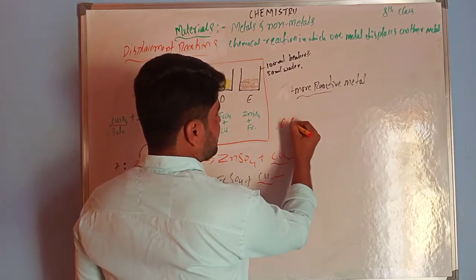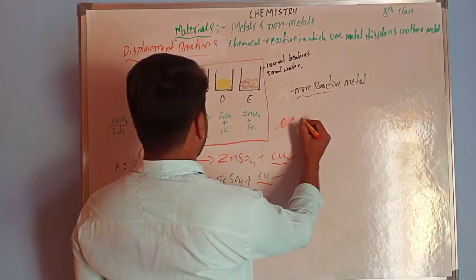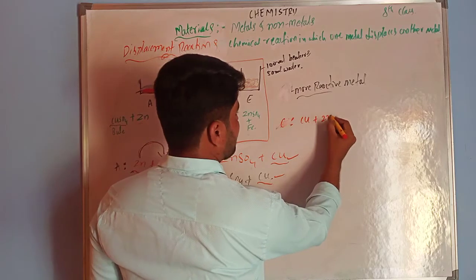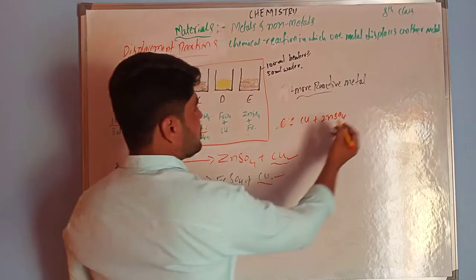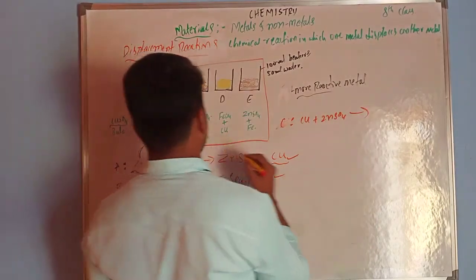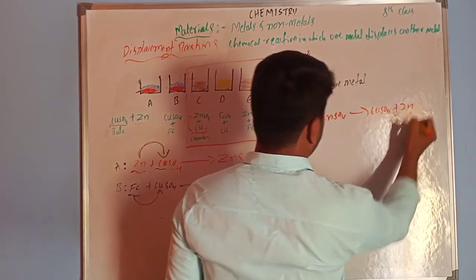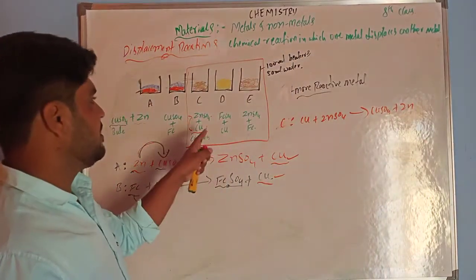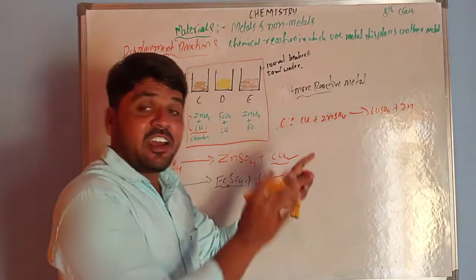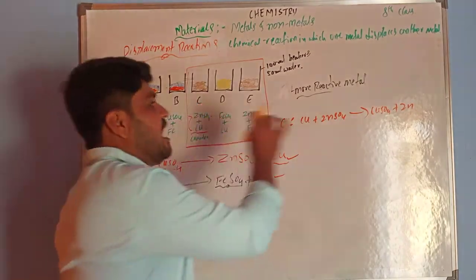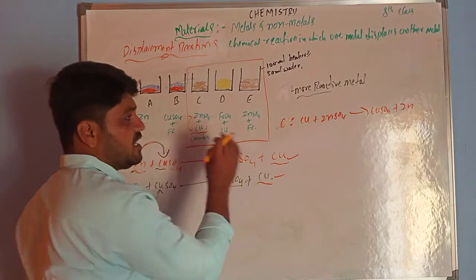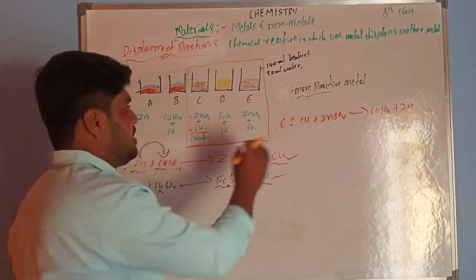In beaker C, copper reacts with zinc sulfate. So the product is like this, CuSO4 and Zn. This is just for our convenience. Even if it is not possible, I am telling you this for your understanding purpose.